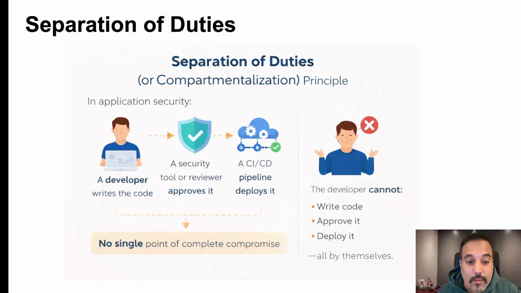It also stops insider threats. If you write the code and approve it yourself, there is a chance you can write code which can allow an outsider access. That's where insider threats come in. And obviously, you want to catch mistakes earlier in the development and enforce accountability as well.